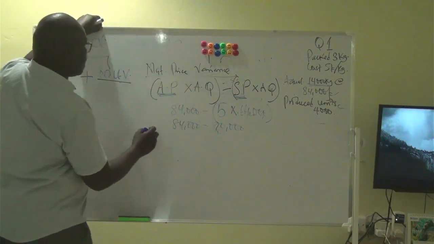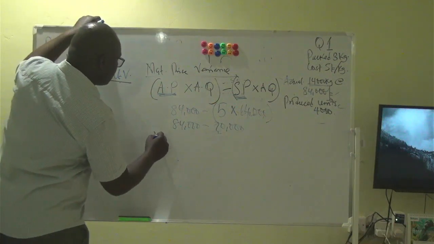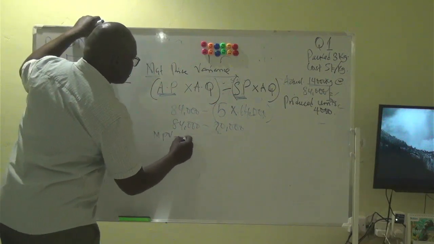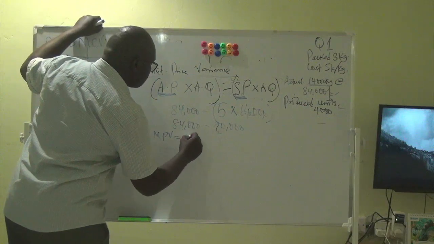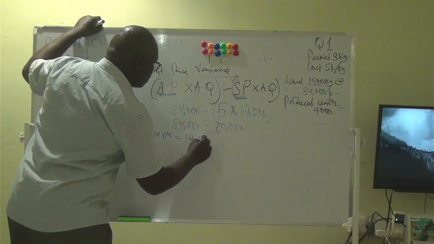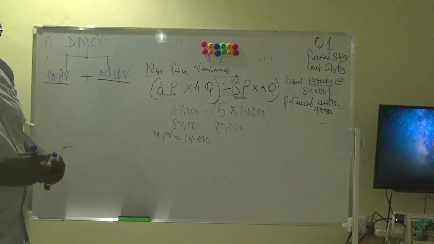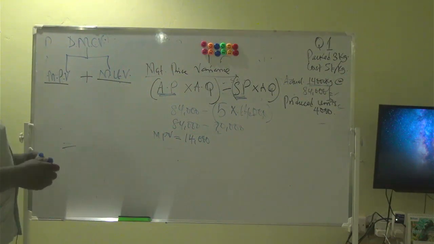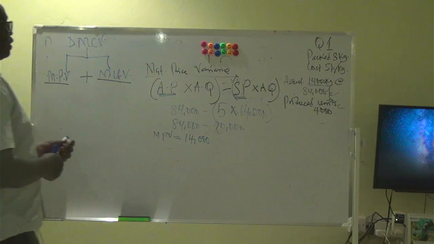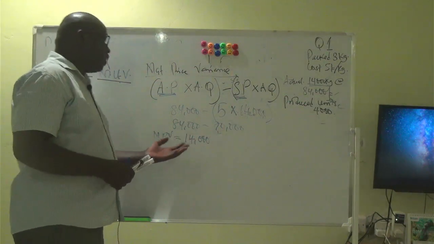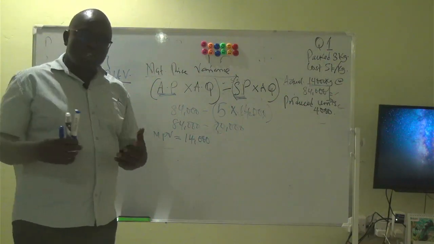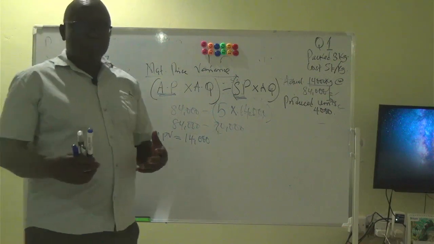The difference here in terms of our material price variance is 14,000, and this variance can either be adverse or favorable.